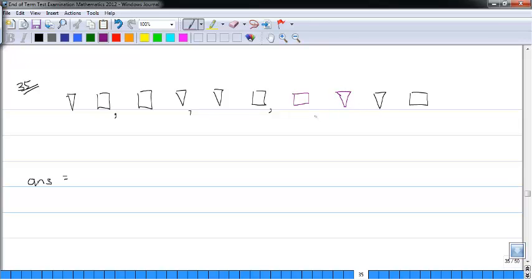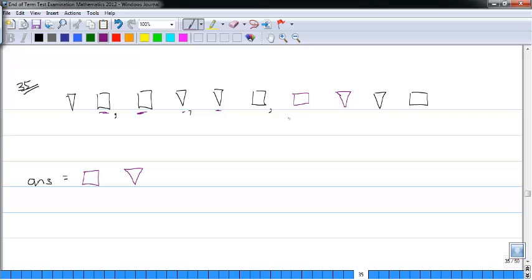So we know that our answer must start with a square and end with a triangle. That will keep it true, because here we end with a square and start with a square. We end with a triangle and start with a triangle.